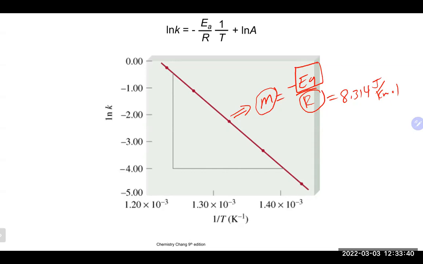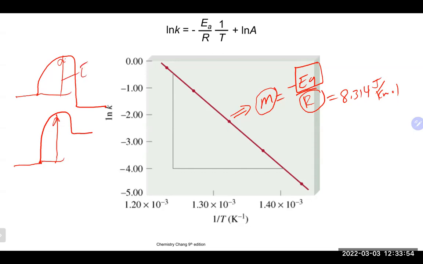A couple of things about the activation energy on both of those graphs that we saw a second ago. Activation energy, should it be a positive number or a negative number? It should be positive, right?